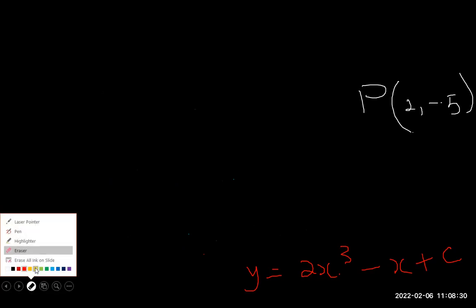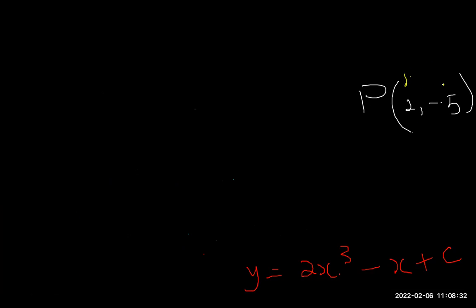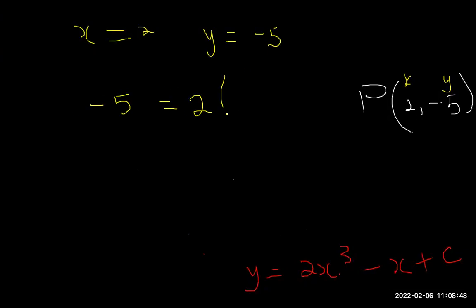A coordinate is in the form x, y. Therefore, x is equal to 2 and y is equal to minus 5. That's what I'm substituting in here. So minus 5 is equal to 2 times x cubed, x is 2, cubed, minus 2 plus c.